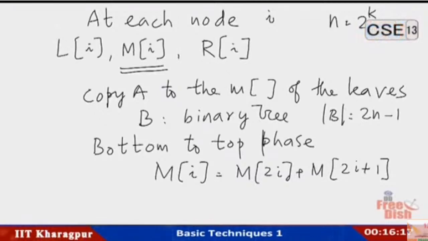So what node i does is to sum the values that it receives from the left side as well as the right side, and this sum will be stored in the middle value of i, and the left value of i will contain the value it receives from the left child. So in the bottom to top pass, we repeatedly perform this. Once we reach the top, the root will contain the sum of all the elements.